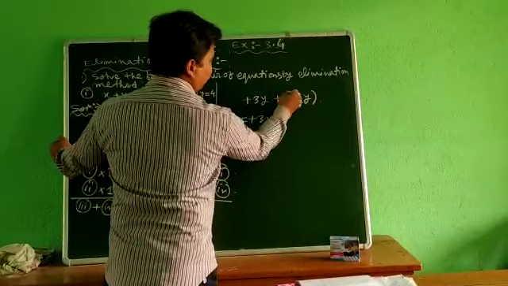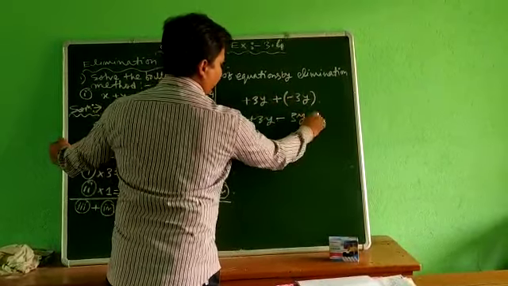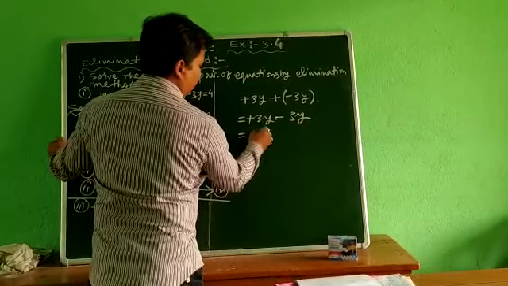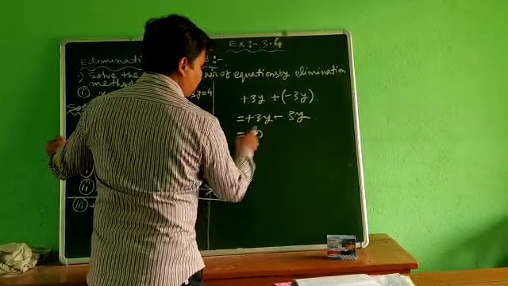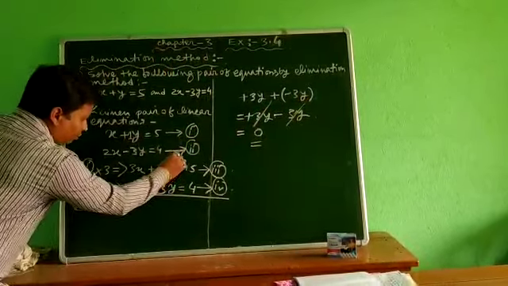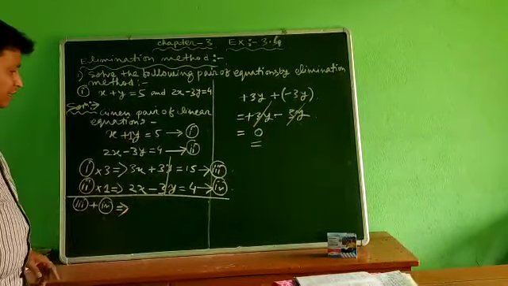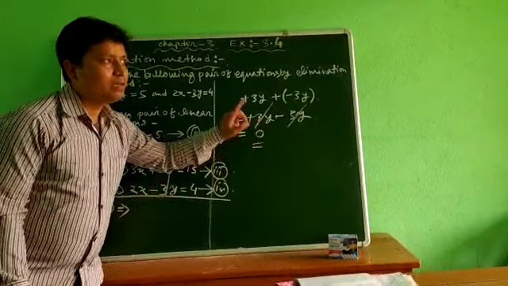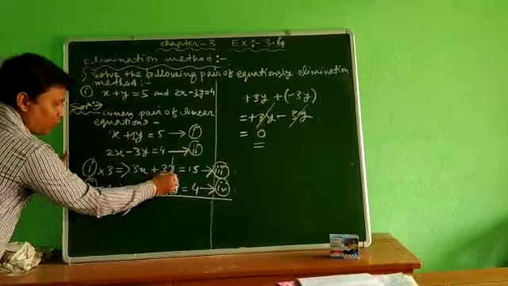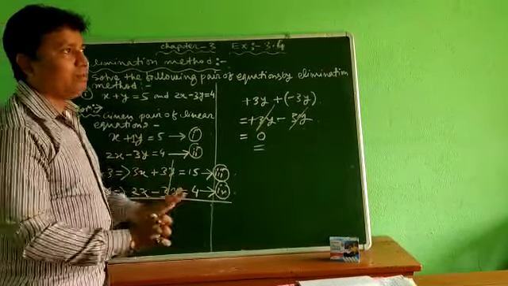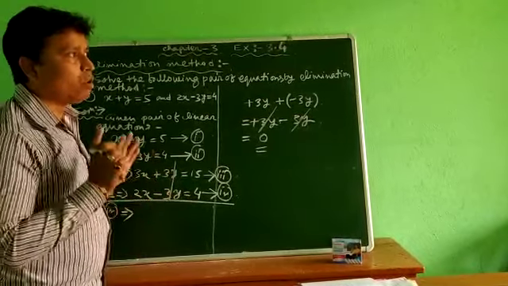Same minus same equal to 0. Generally we are not writing 0, we just cut and show it will be 0. Cutting means this calculation value will be 0. So 3y terms are cut, means y terms are eliminated, means removed.